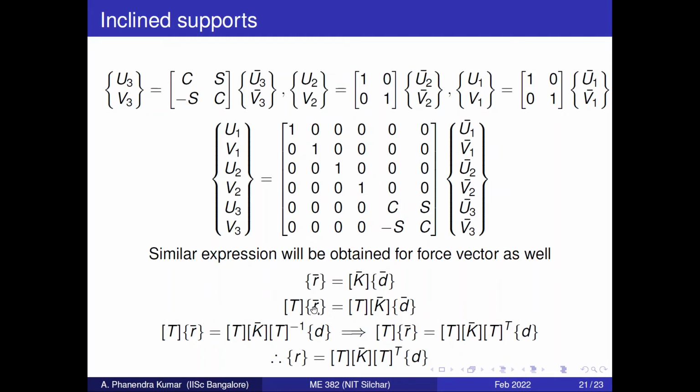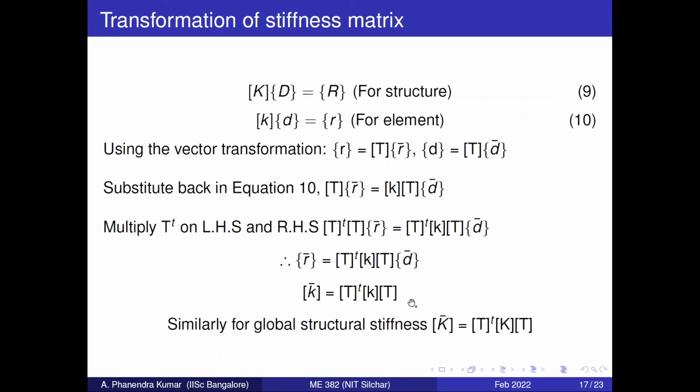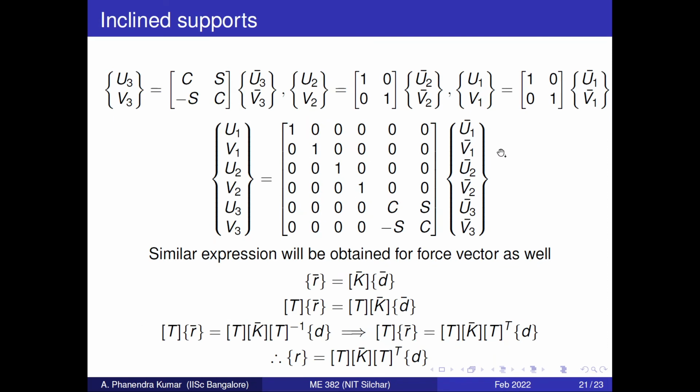Now we have global D bar, right? If we go back here again, if we want to convert global to local, we multiply with T inverse on both sides, so T inverse D equals D bar. So D bar is equal to T inverse D. This is what we have obtained.